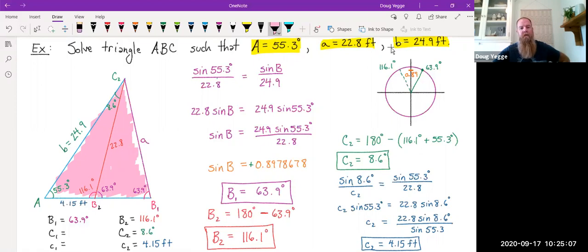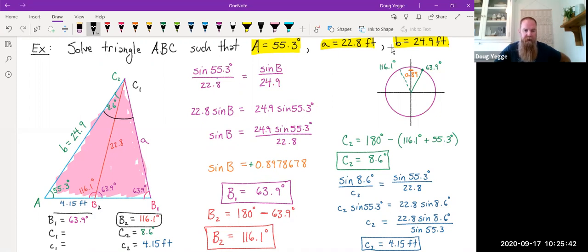Okay, so if we have this situation, we've got to find out where is C. So now angle C is the full angle right here, that would be C1. And if I have C1 there, then that must mean that this entire length is going to be the length of C1. And so we could find that simply by using the law of sines.